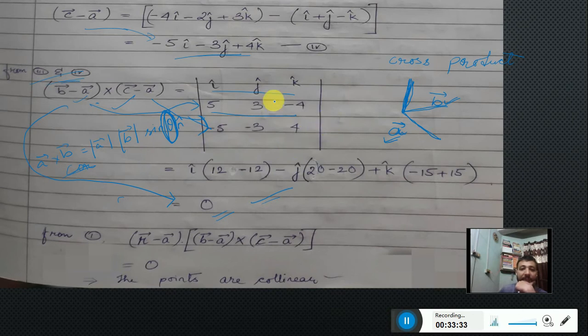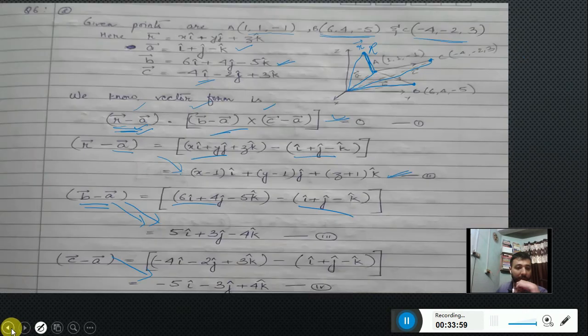So this cross product has become 0 because the angle between A and B is 0 degrees. 0 degrees means A and B are lying on the same line. Clear? So if A and B are lying on the same line, then the 3 points which we took, this one, this one and this one, all are lying on the same line.